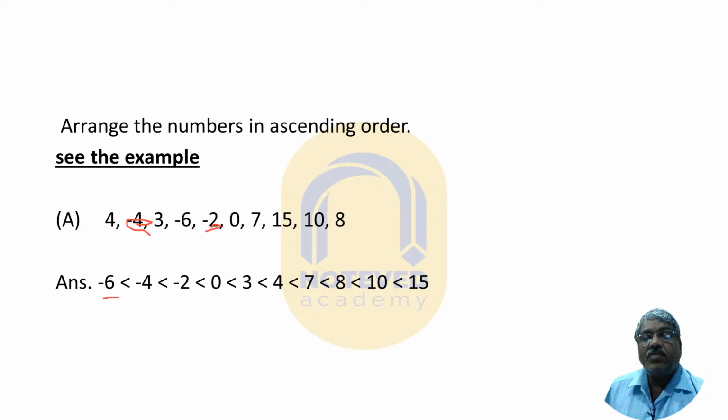Then comes 0. In this way, I have written here -6, here -4, then comes -2, 0, then 3, 4, 7, 8, 10, and 15. Now you see in this series the 15 is the greatest number. So in this way you arrange the numbers.